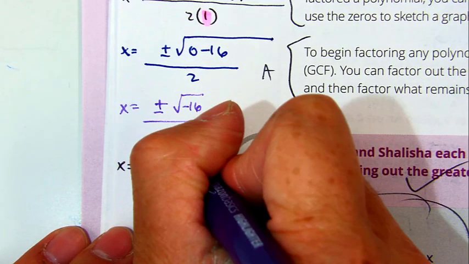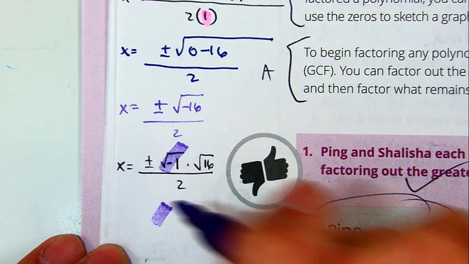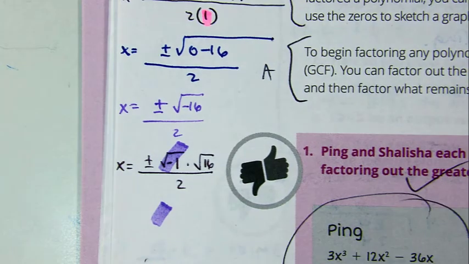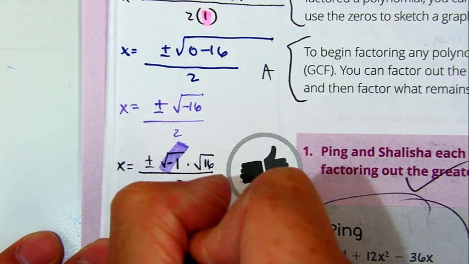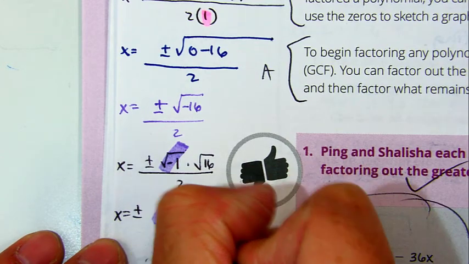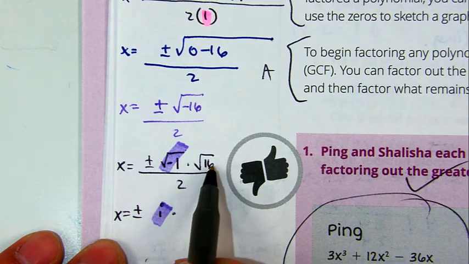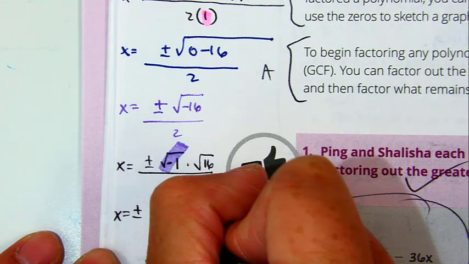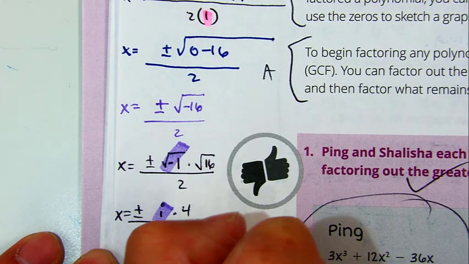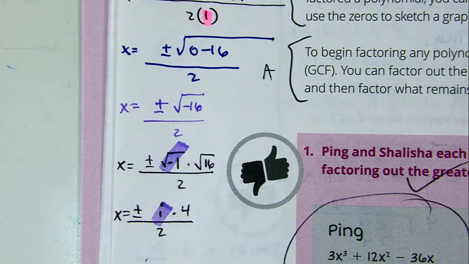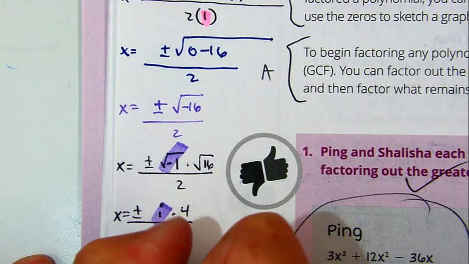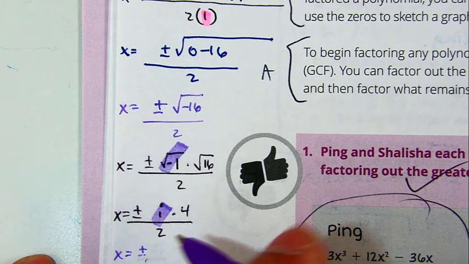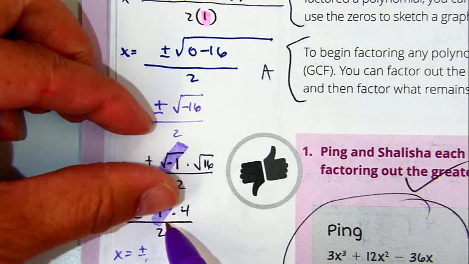Class, what do we know about the square root of negative 1? It is i. So in that location, plus or minus i times the square root of 16, which is 4, all over 2. And I have x equals plus or minus, the i is going to be there.